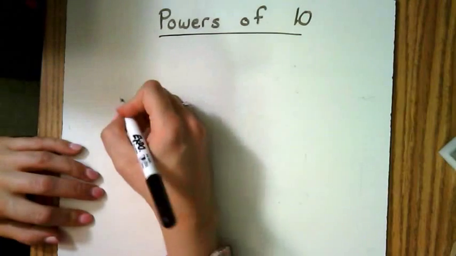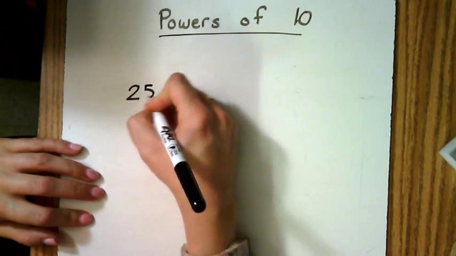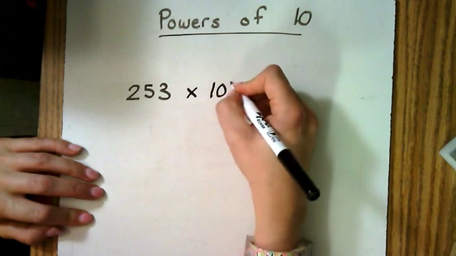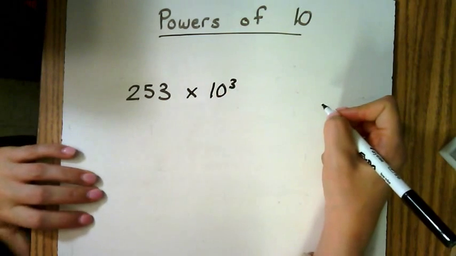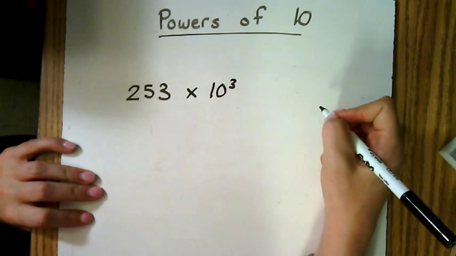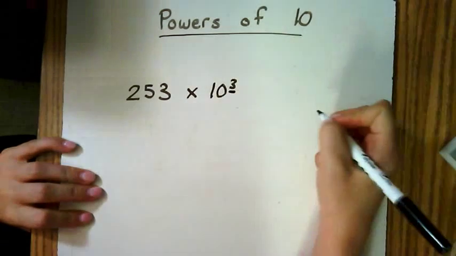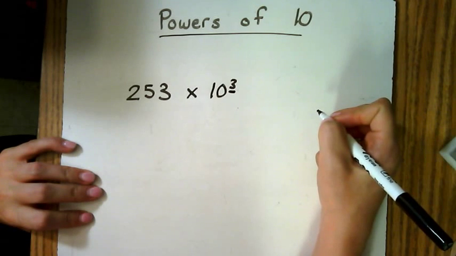What if I had the number 253 and I wanted to multiply that by 10 to the third? Well, this might be a tougher problem, right? Not if we remember that trick. Remember, the 3 tells us how many zeros we need to add on to our answer.